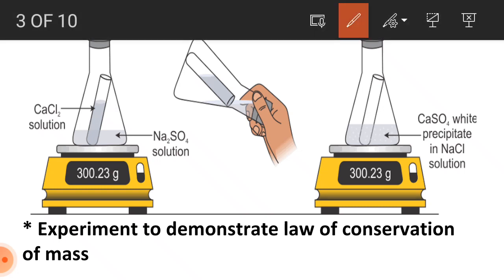Because of this reaction, there is a formation of calcium sulfate, which is a white precipitate. Now everyone might think, since there is formation of solid particles, these solid calcium sulfate particles, the mass of that solution or overall compound will be increased. But that was not the case, because it obeys the law of conservation of mass.